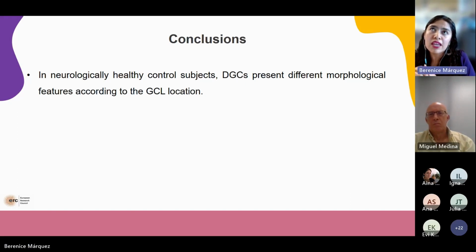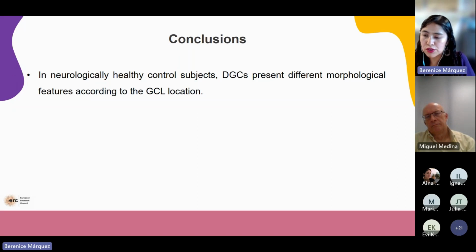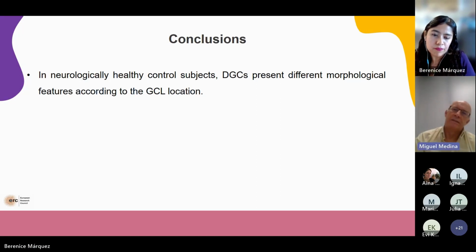So they may be more vulnerable. With the results that I present today, we observe this differential vulnerability just with the morphology and location. We need to make another type of experiments to be sure about the developmental origin of these cells. But according to our antecedents and these results, we can say that these cells present differential vulnerability. Okay, all right, thanks.